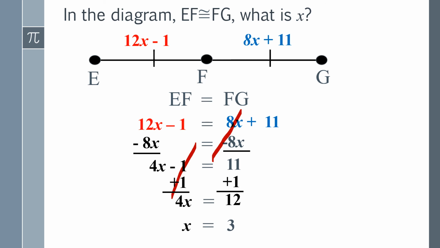Now, if you wanted to find the length of segment EF or FG, basically you just substitute 3 back in the place of x and evaluate the expression. 12 times 3 is 36. 36 minus 1 is 35. 8 times 3 is 24. 24 plus 11 is still 35. So both segments are equal to 35, which means the entire segment is 70.